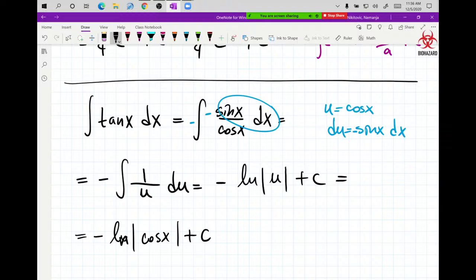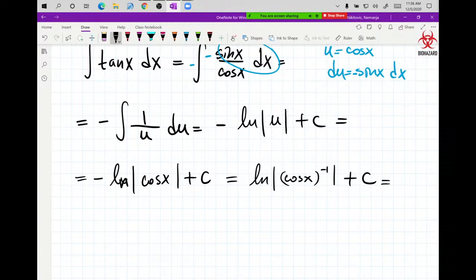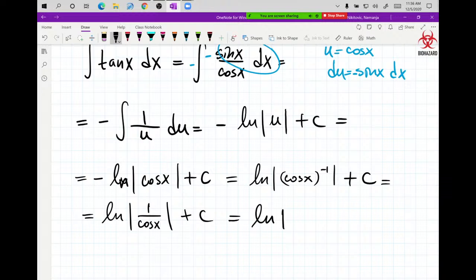And when you do that, you realize, oh, I have this negative 1 in front. So I can push that inside, which would make this ln of 1 over cosine x, which is another basic identity, which gives us ln of secant x plus c.